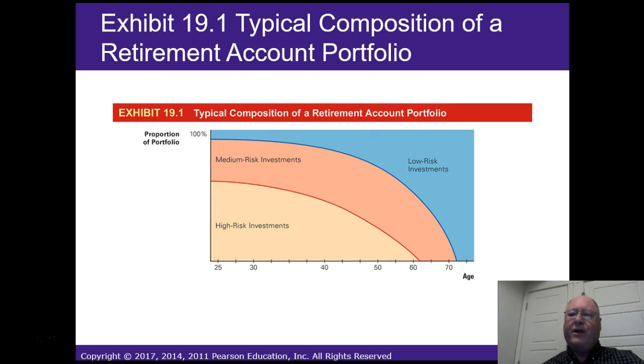There are other retirement plans that are offered by employers. There's a 401k plan, which is a defined contribution plan that allows employees to contribute a maximum, usually, of up to $18,000 per year. It's $24,000 per year if you're 50 or older, of your own money towards a plan that is tax deferred.